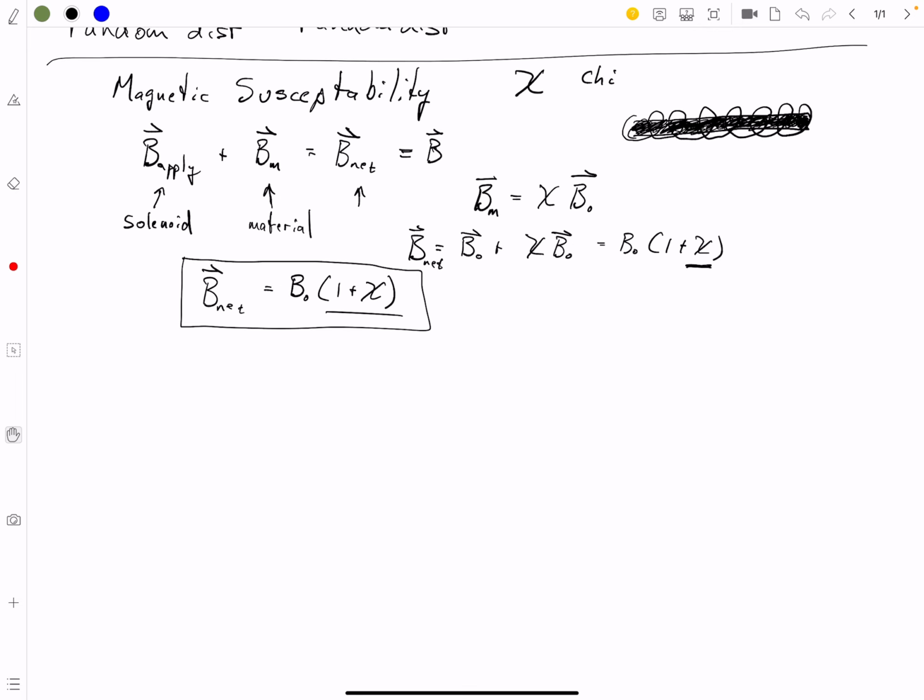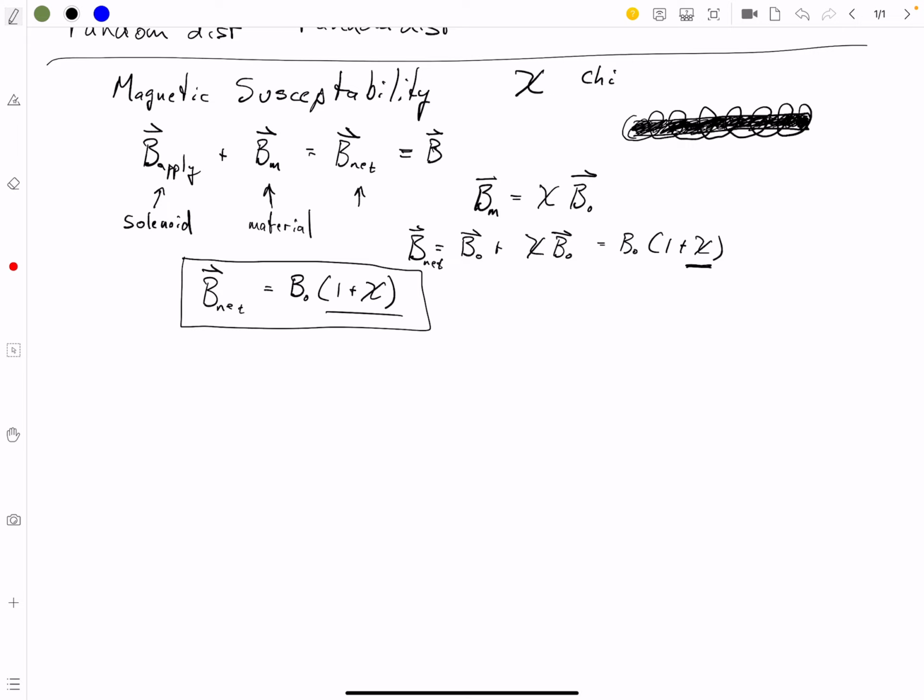And that's our magnetic susceptibility that's allowing us to do that. There's a permeability that goes along with this, and I'm not going to write it out because it's confusing with the magnetic dipole moment. The two mu's are confusing, so let's just leave it with this.